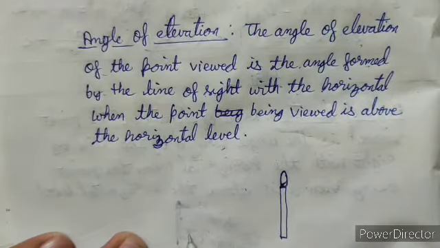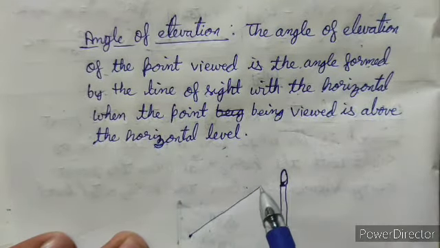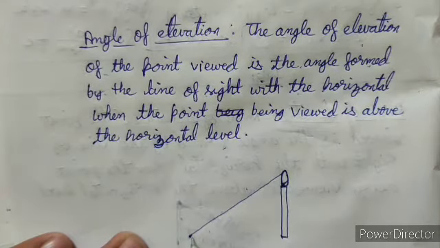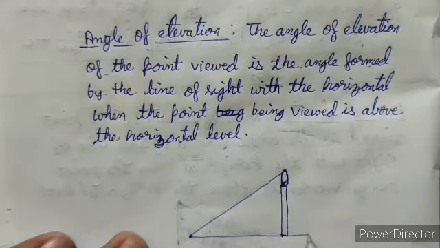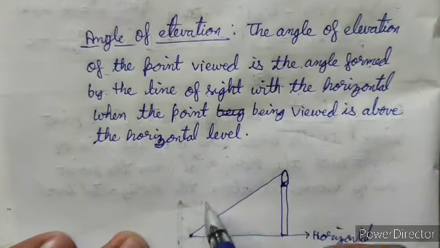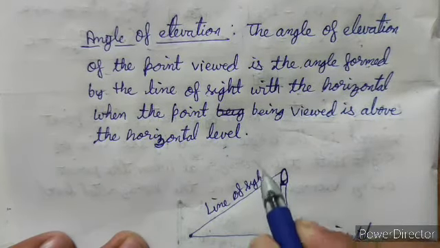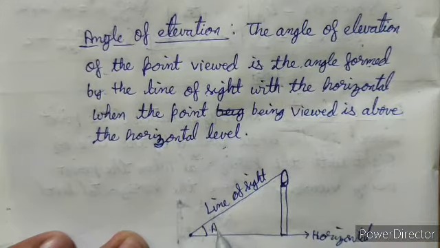Now if it is being viewed from the ground level, then the angle formed between the horizontal and the line of sight will be the angle of elevation.